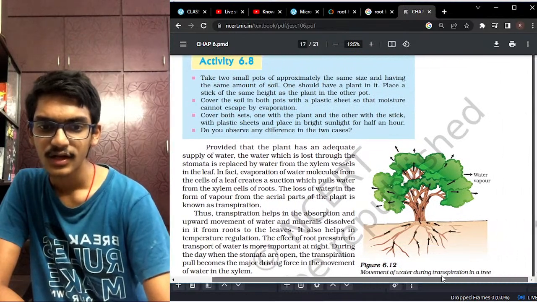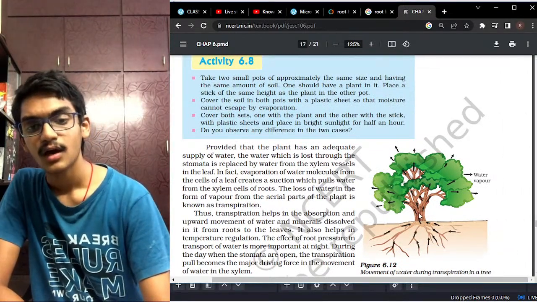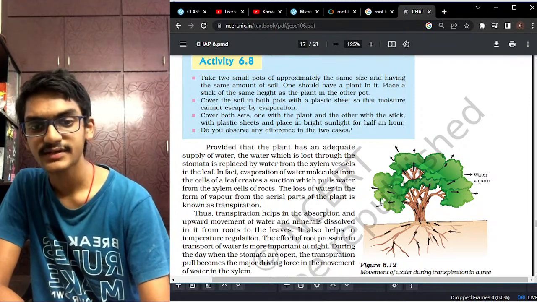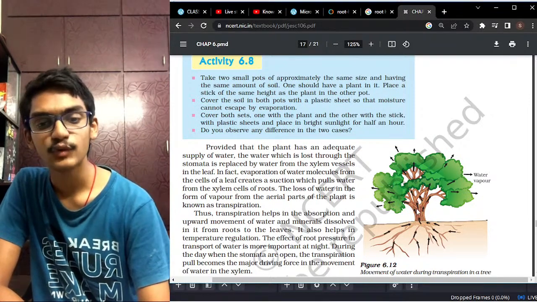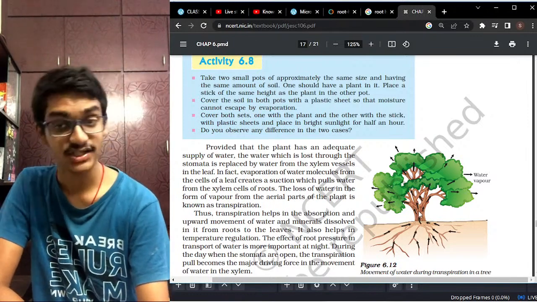As you can see here, the water is coming from the root hairs, it is going to the plant, and then from the stem of the plant. These are the woody stems, so they'll have the lenticels. From that also the loss of water will actually take place.